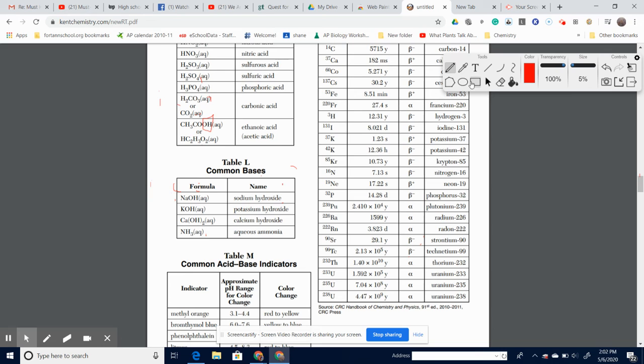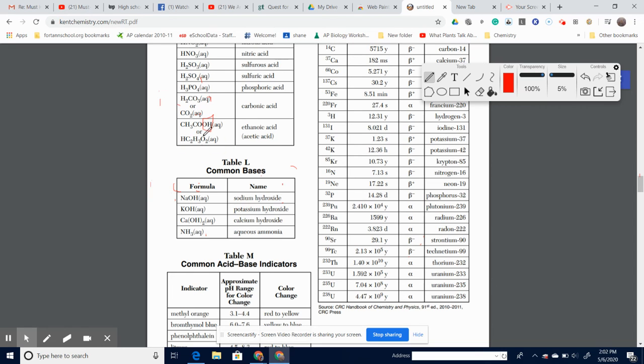But it's not, because the reality is this is the polyatomic ion. It's just written differently like this.